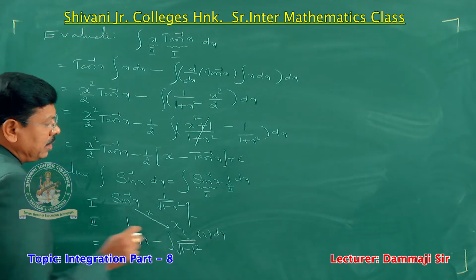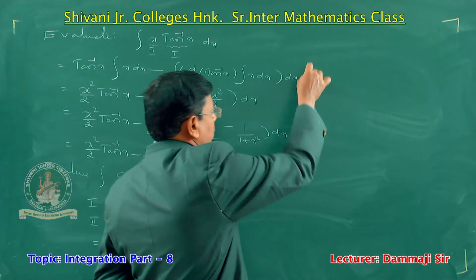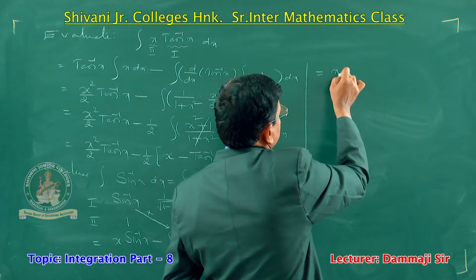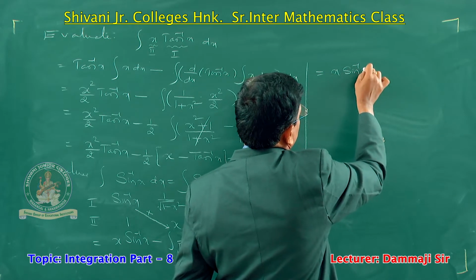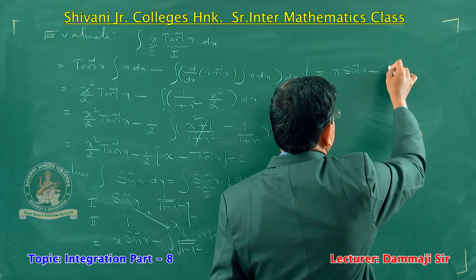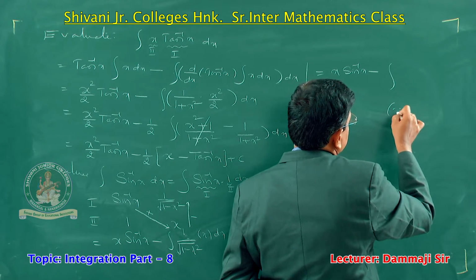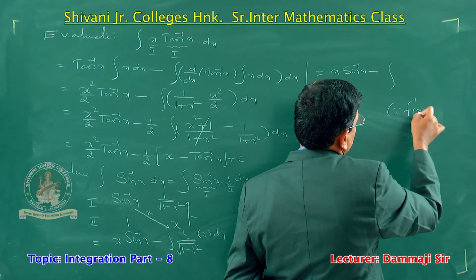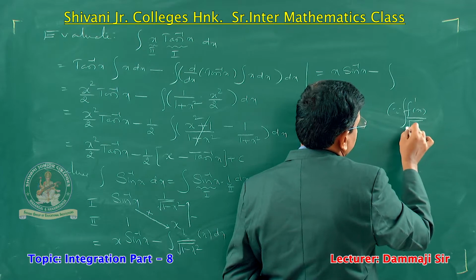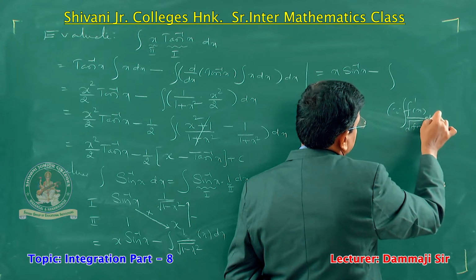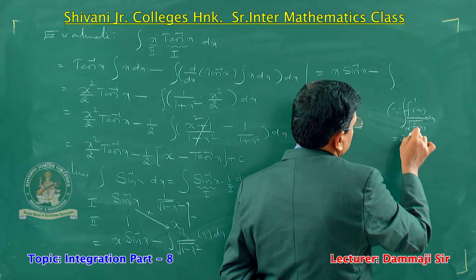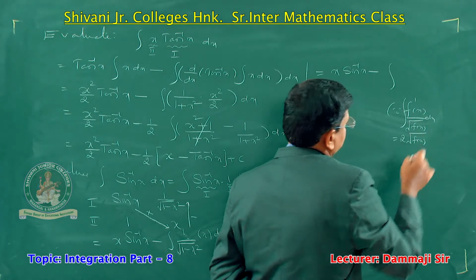What about its result? You can see x sine inverse x minus, and we have one formula: the integral of f dash of x by square root of f of x dx is 2 square root of f of x.